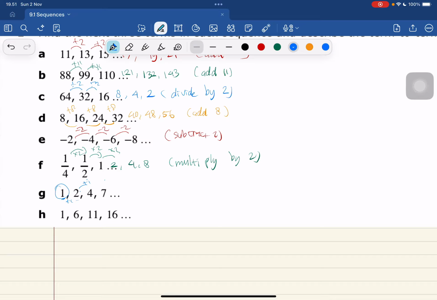Then 4 plus 1 is 5. 5 added with the previous one is going to be 7. 7 plus 1 is 8. 8 we add with the previous one is going to be 12. And after 12, plus 1 is 13. Well, let's check this pattern again.